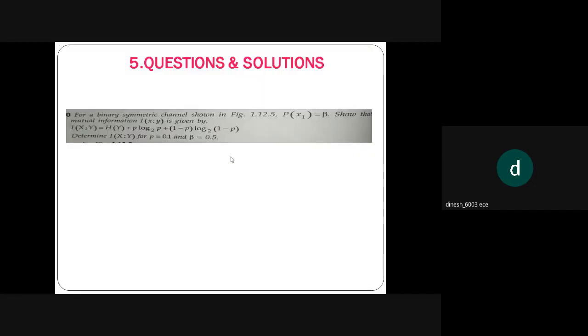And always by the symmetric property, I of y to x is equal to I of x to y. And make a note that this is valid only for the BSC channel, the binary symmetric channel.